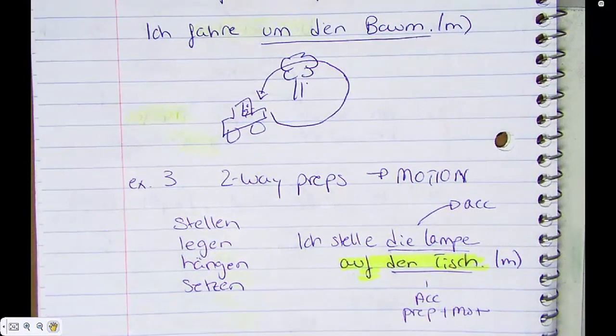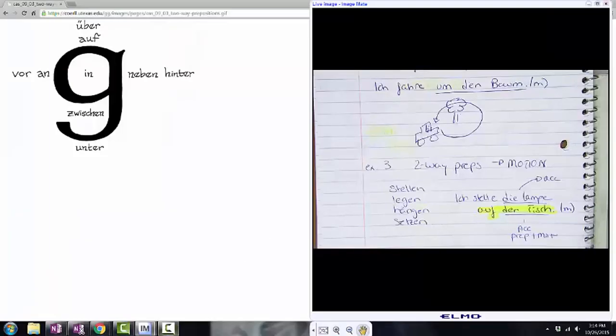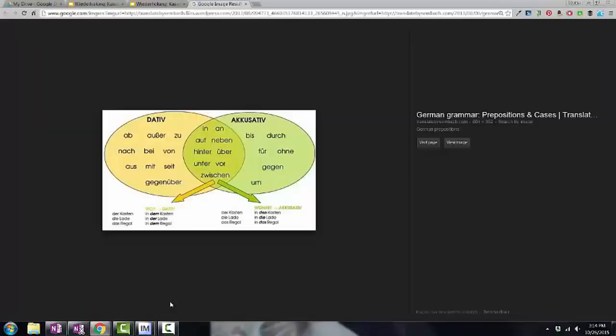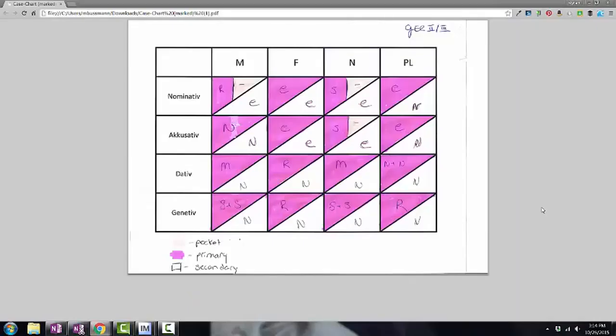Okay, I'm going to go back to the case chart. Here's the case chart for you guys. We have the row with accusative. I want to point out only one little thing. The switch between nominative and accusative, the only place there's a change is right here.